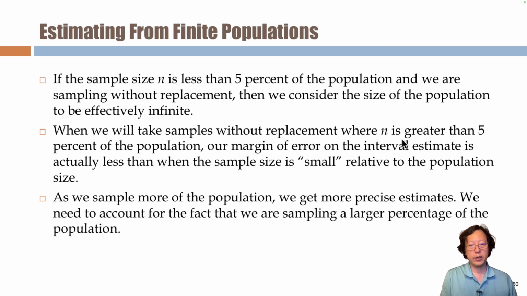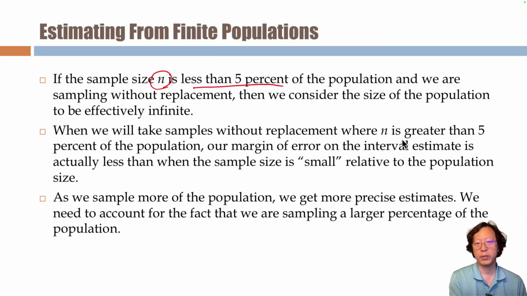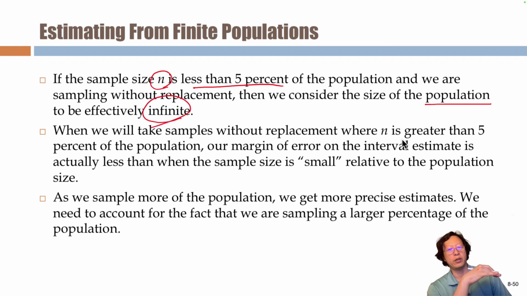Okay, if sample size n is less than 5% of the population, we can consider we are sampling without replacement. We can consider the population is large enough, so we can treat it as an infinite population.